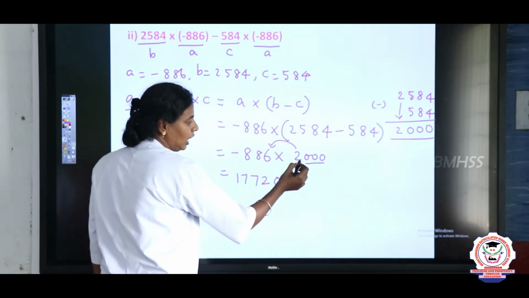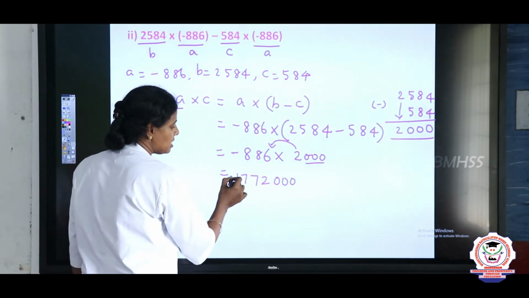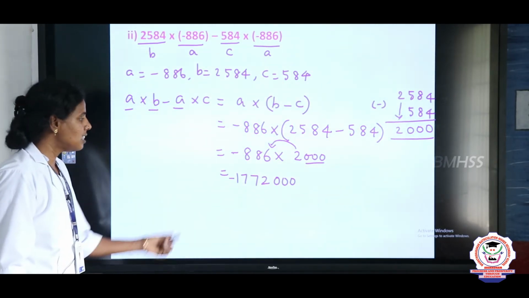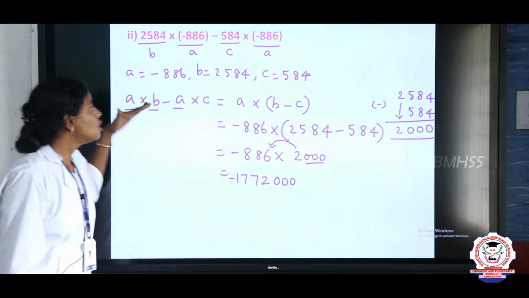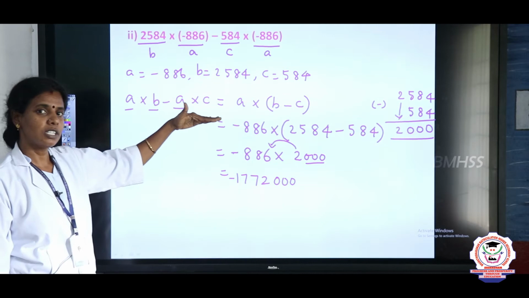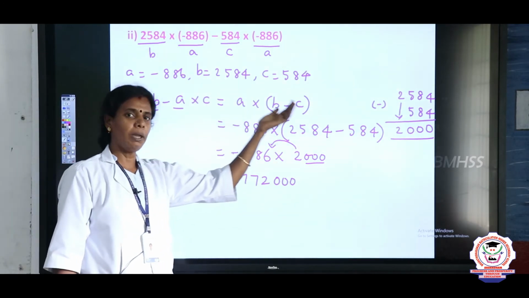Here negative into positive, minus into plus is minus. So the answer is minus 1,772,000. So when A into B minus A into C is given, we find A into B minus C.